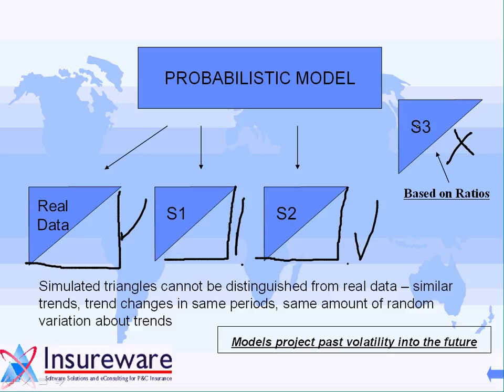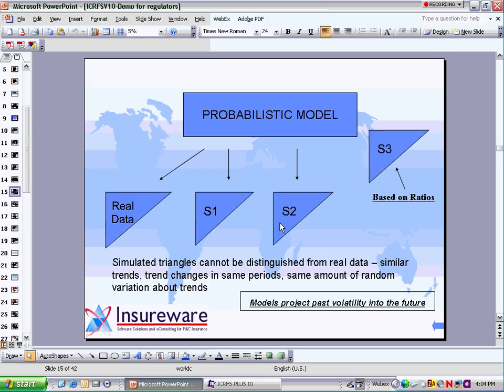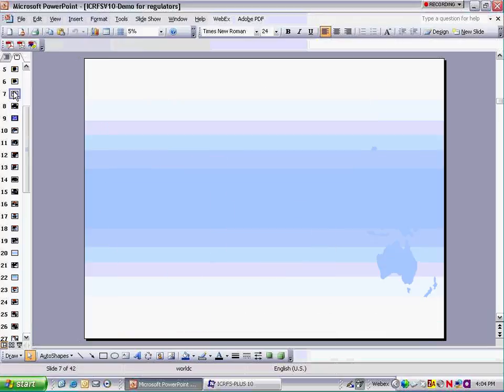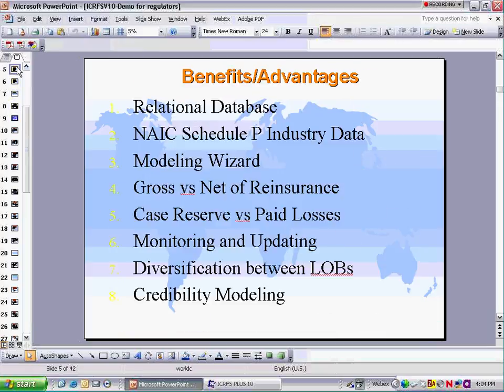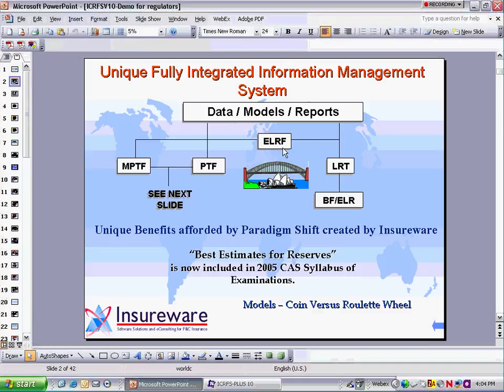In fact, if you took S3 and used it in ELRF, the ELRF module of Icopus, you'll be able to get estimates of the ratios that the actuary used to simulate the data, and you'll also be able to tell him almost instantly that this is not real data.